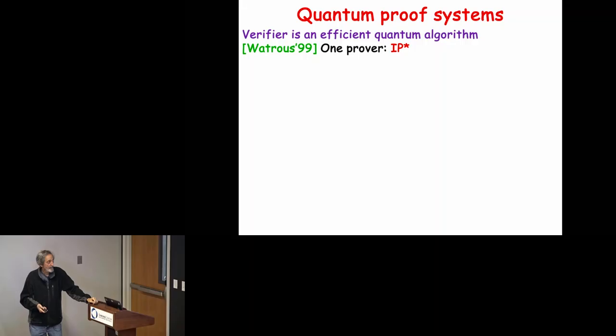So it's the same one-prover proof system in the quantum world. And it took some decades, much longer than it took in the classical case, to prove that quantum doesn't add any power to a single-prover proof system. Okay? So it's the same as the classical one, IP, which is PSPACE. So that took some time.